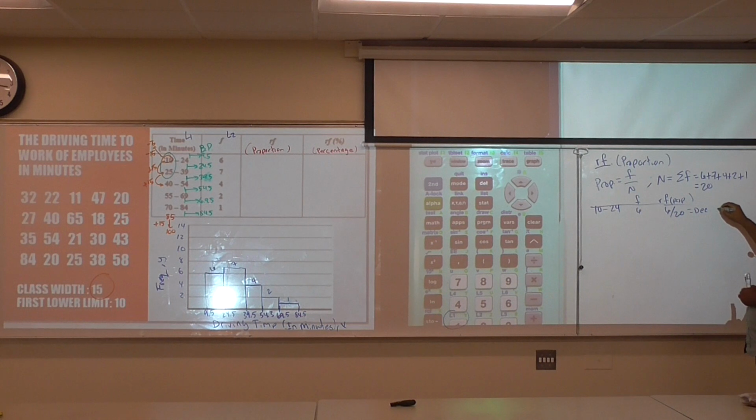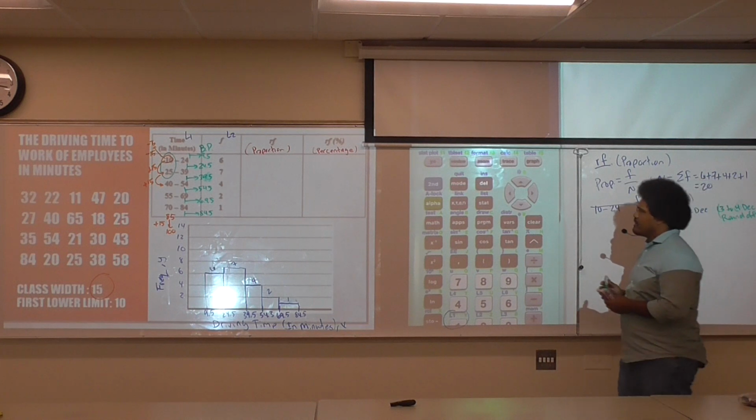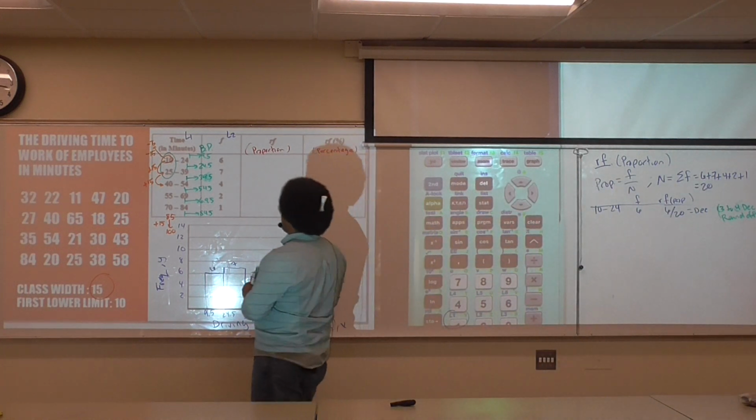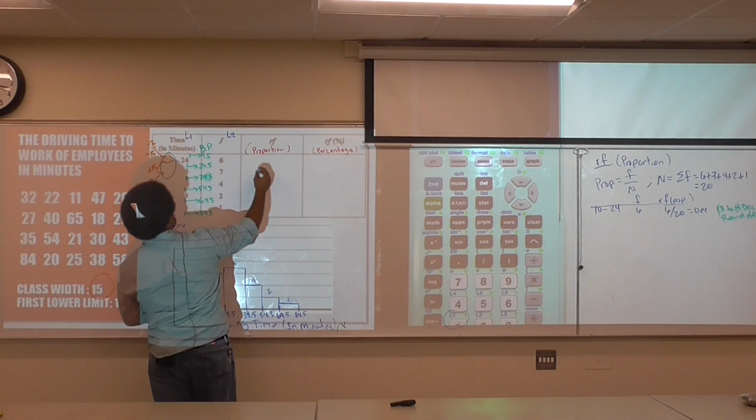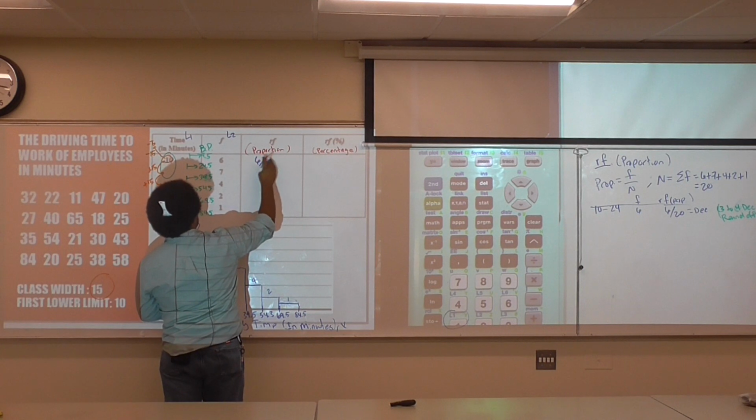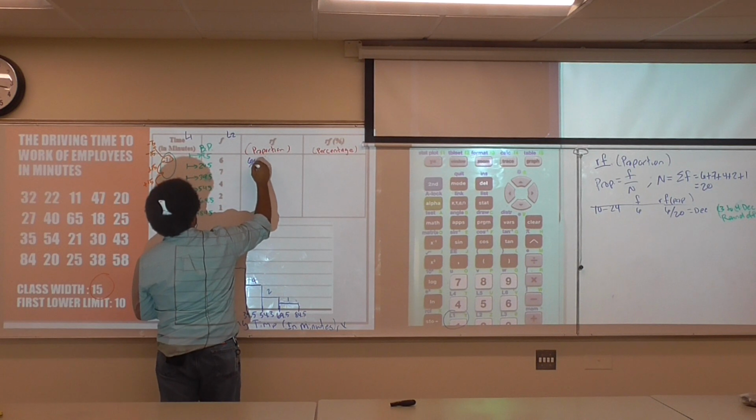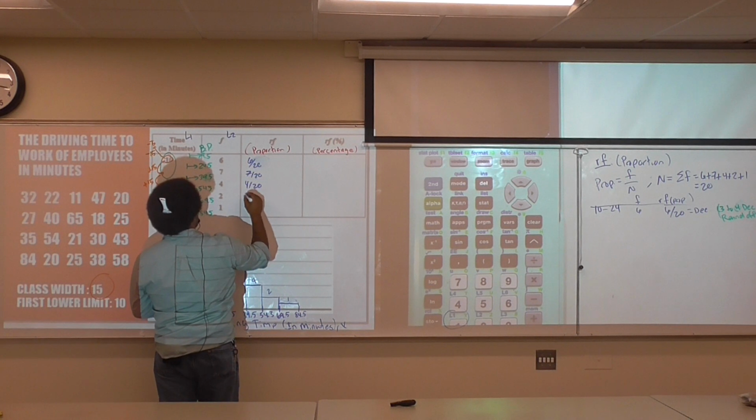Your book will give you a certain rounding, but I usually do 3 to 4 decimal round off, to keep accurate as much as possible. That means every frequency up here, we're going to divide by 20. So we have 6 over 20, 7 over 20, 4 over 20, 2 over 20, 1 over 20.